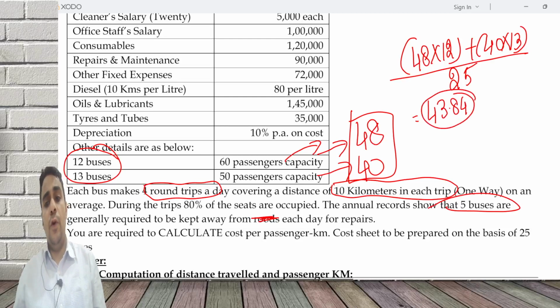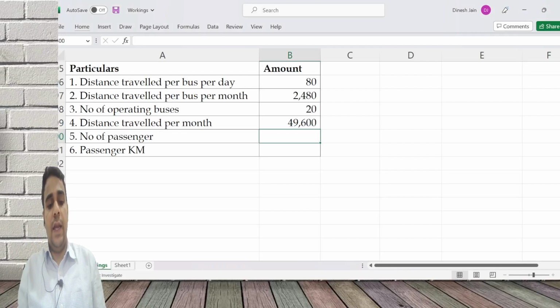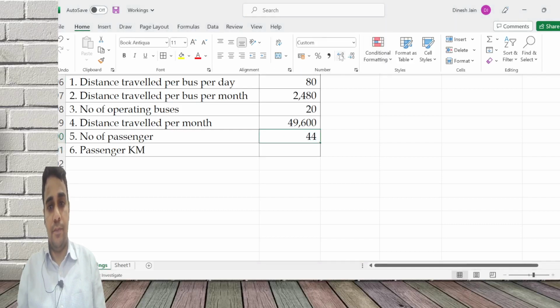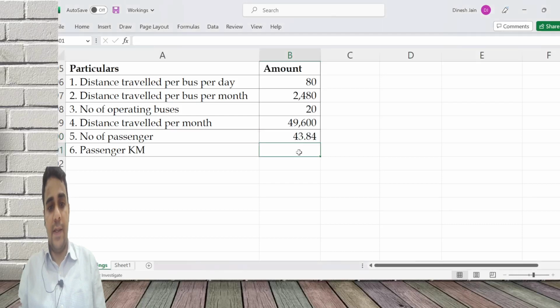So few buses have 48 people, few buses have 40 people, on an average 43.84 passengers will pay us. Passenger kilometers is the multiplication of these two.